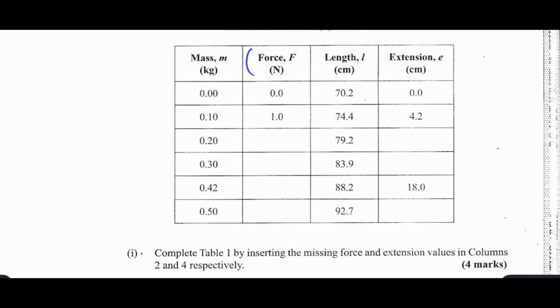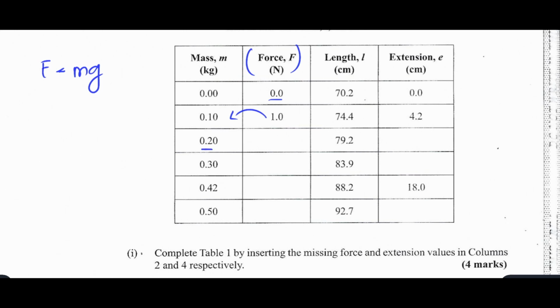So let's work with force. Force is equal to mass times the gravitational field constant, and judging by the numbers here, the g value is 10. If it's 10, we can divide 0.1 into 1 and you should get 10. So we're using the g value as 10. That's how you'd work it out if you couldn't just look at it and figure that out.